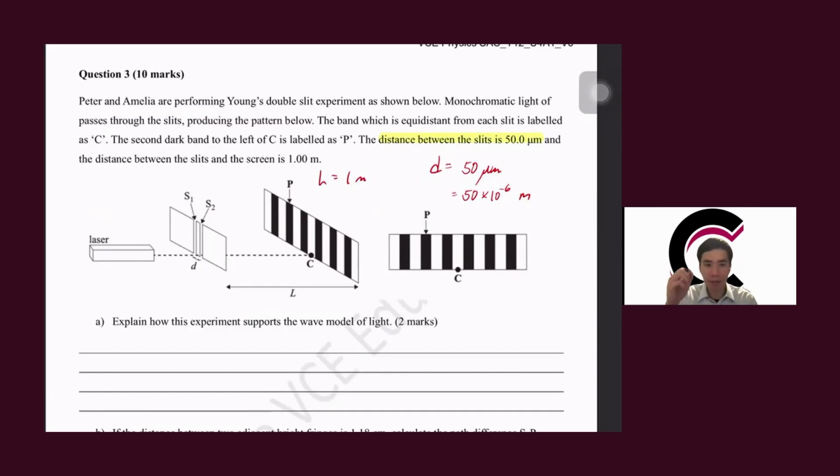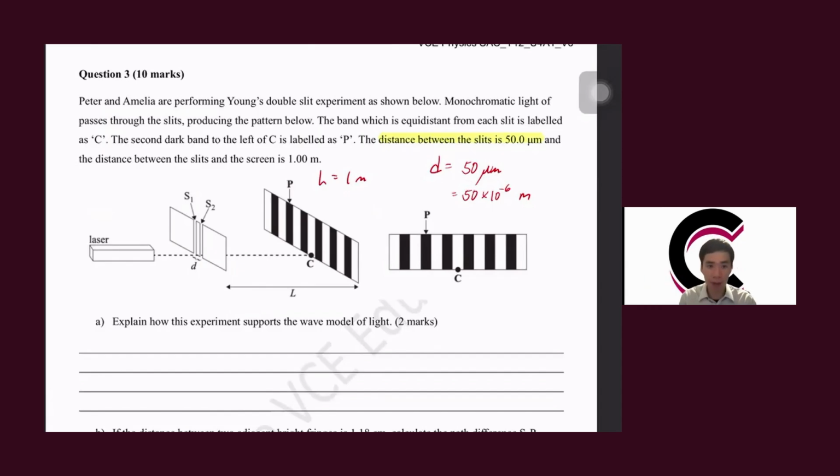Explain how this experiment supports the wave model of light. It's a great hint in the picture that's given to you. You can see the interlacing patterns, black and white, black and white. That is the famous interference pattern.